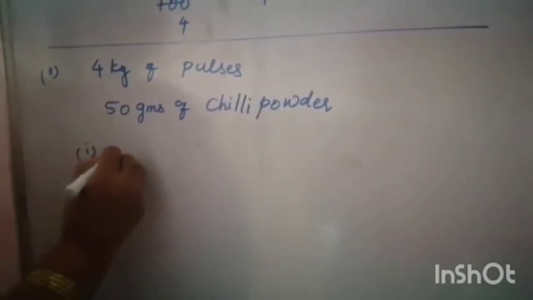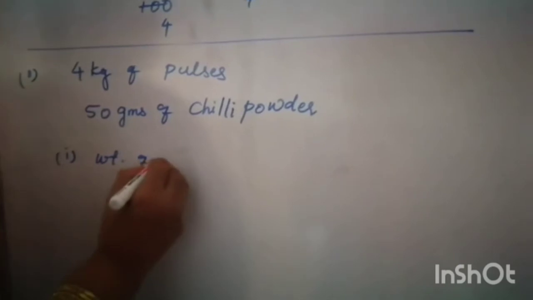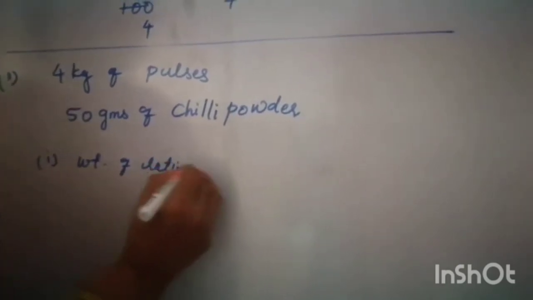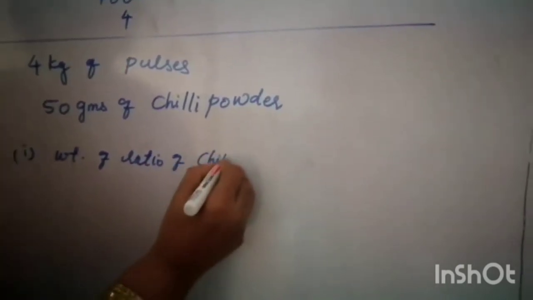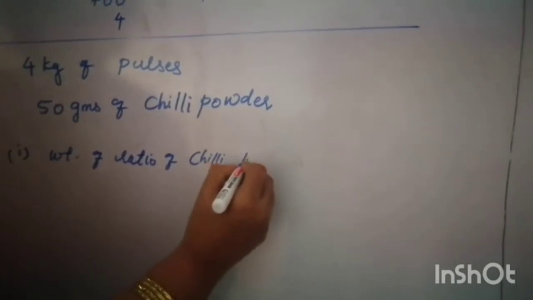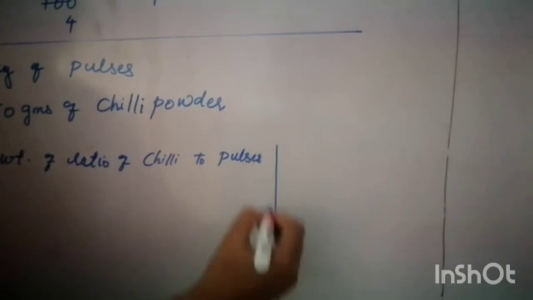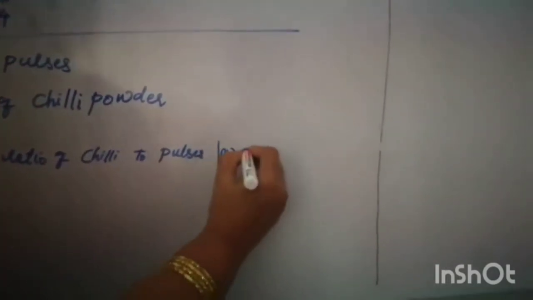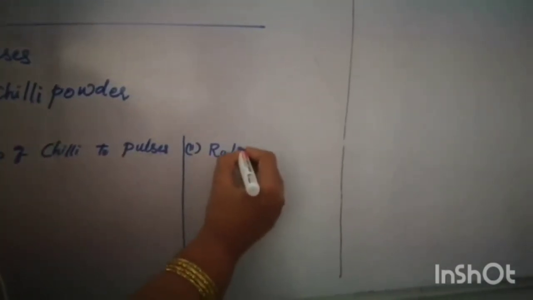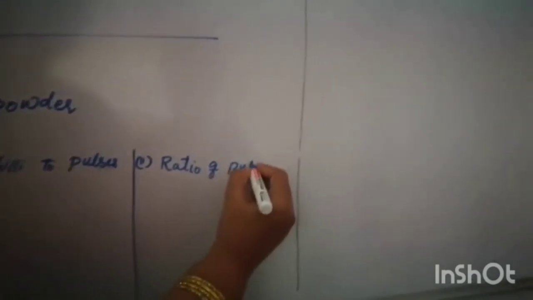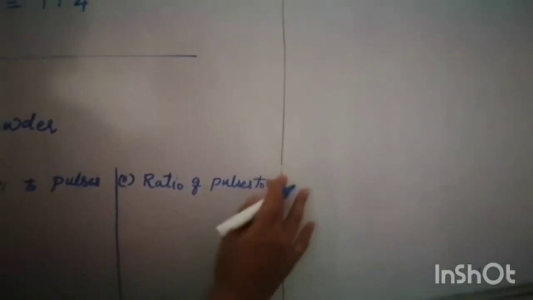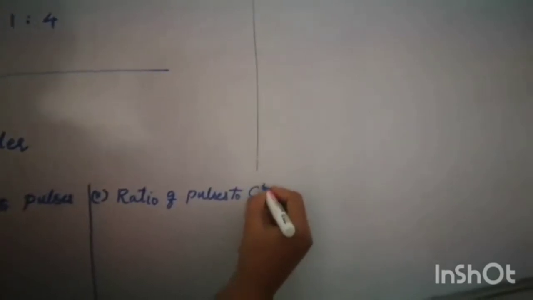First, ratio of chili powder to pulses. And the second one is asking you ratio of pulses to chili powder.